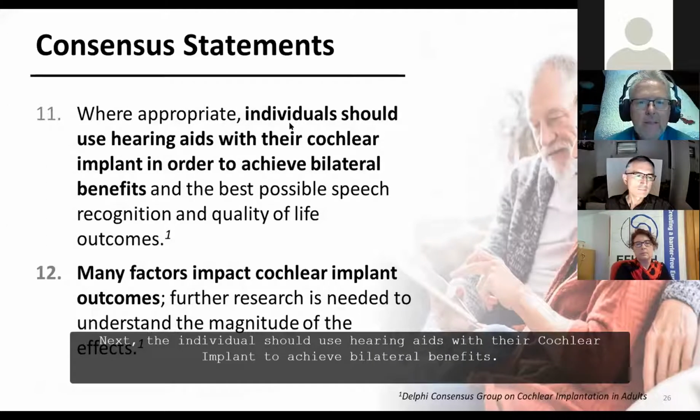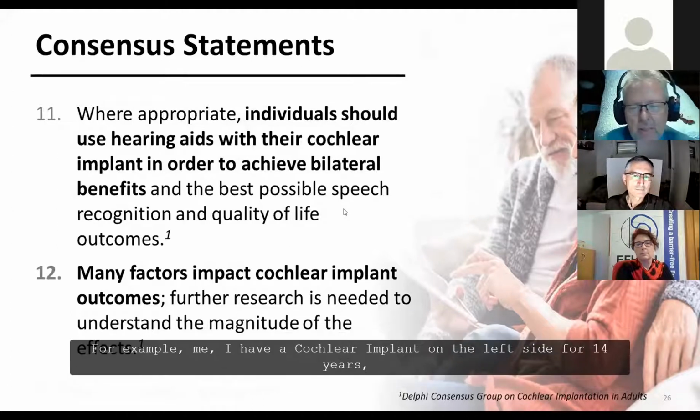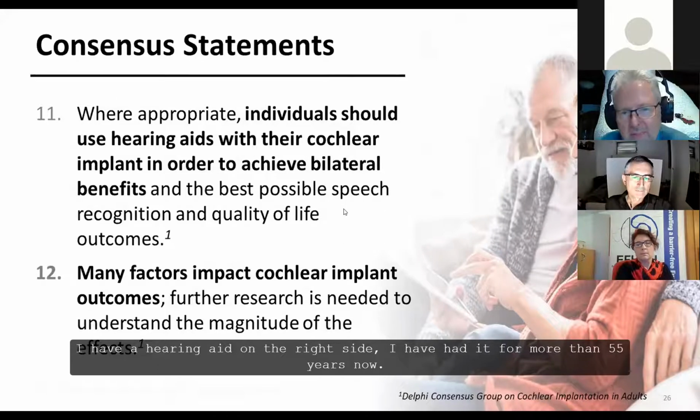Then the next is that individuals should use a hearing aid with their cochlear implant in order to achieve bilateral benefits. For example, I have a cochlear implant on the left side for 14 years, and I have a hearing aid on the right side, fitted for more than 55 years now.